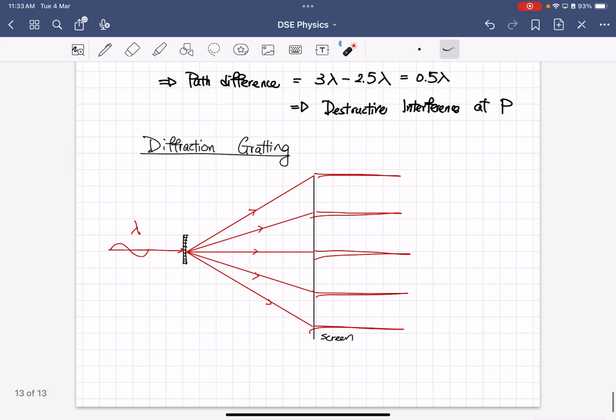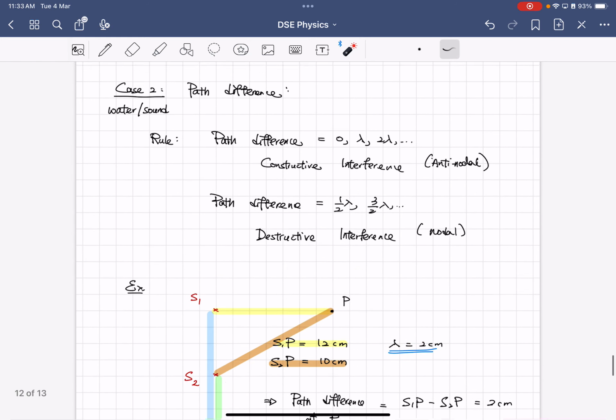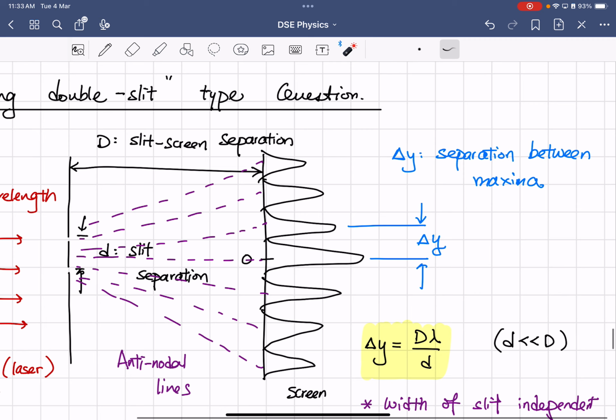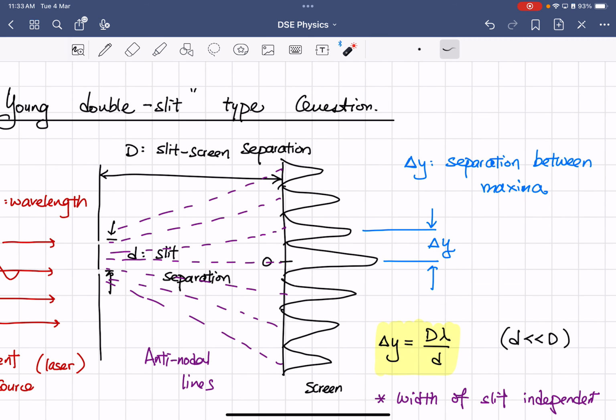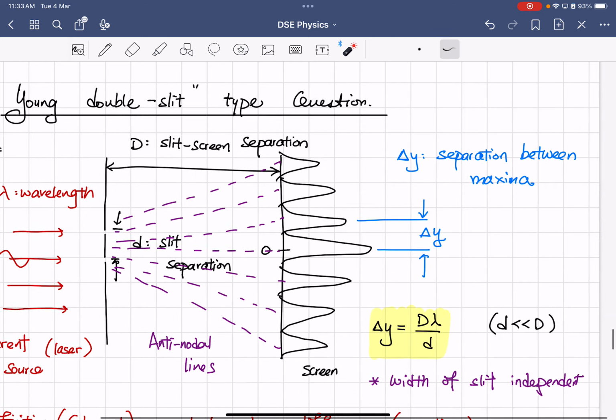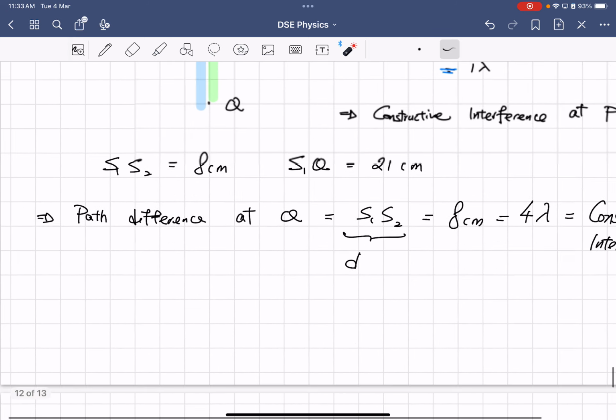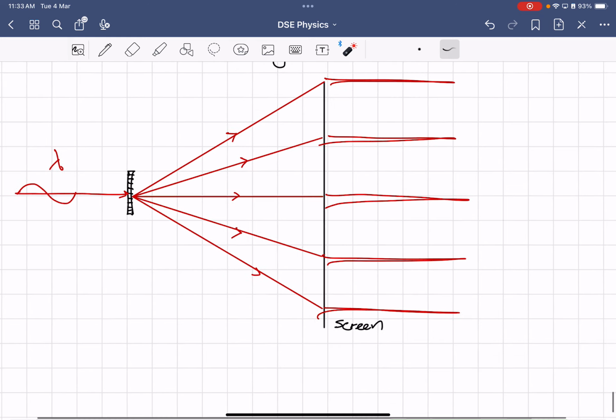This is similar to the one we have here. But for the double slit, you can see the intensity curving down slowly, touching 0, and then coming back. This is the double slit. You will see a so-called fringe. Fringe means you have a finite width, so you can talk about delta y. But for the diffraction grating, you don't see a fringe anymore.